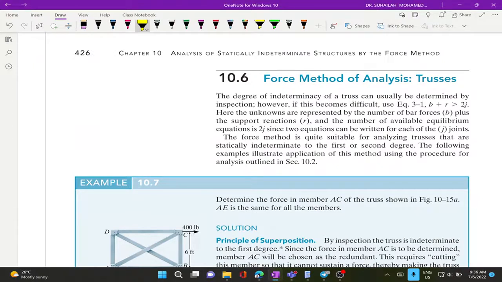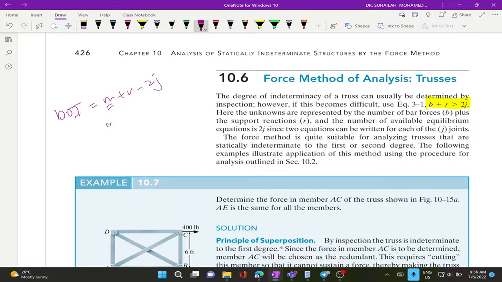The degree of indeterminacy of a truss can usually be determined by inspection. However, if this becomes difficult, we use this equation to analyze the degree of indeterminacy: M plus R minus 2J.